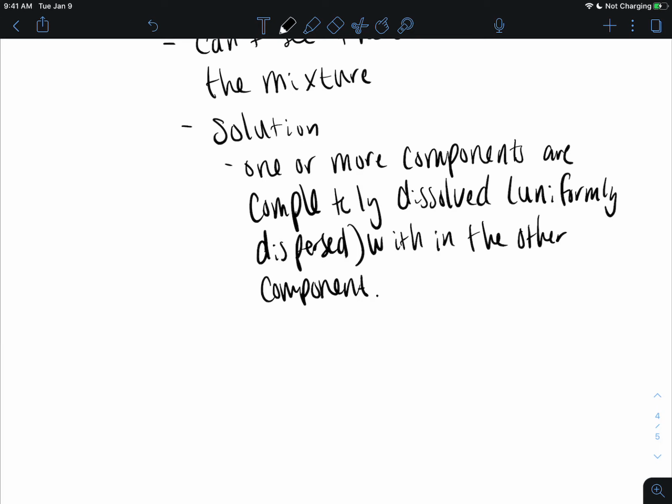So the components in lesser amounts are solutes.